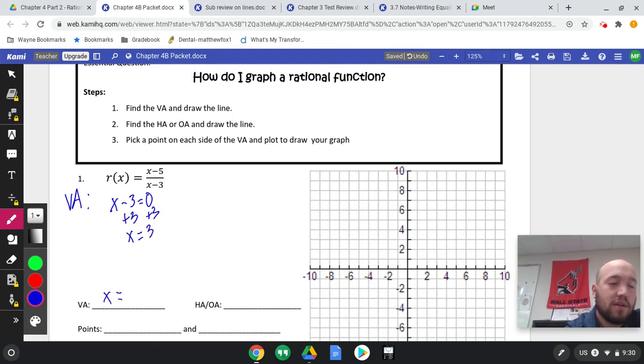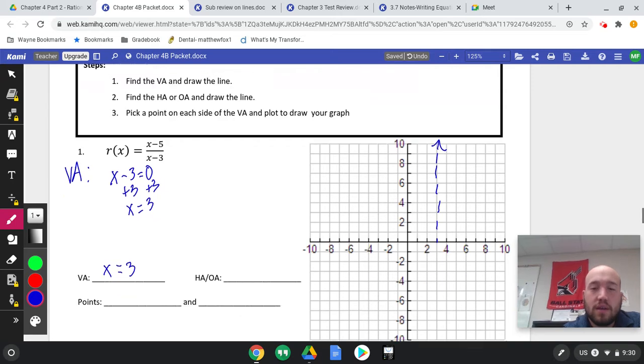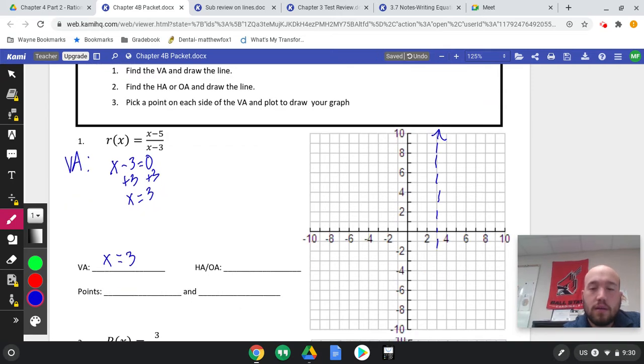So now I want to draw that in. X equals 3. We go on the x-axis to 3, and then I draw this vertical asymptote in, and step 1 is complete.